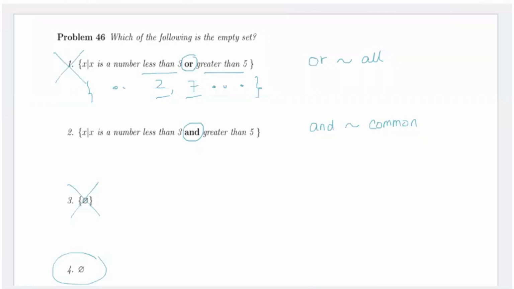Can you find a number which is less than 3 and greater than 5? Truly less than 3 and greater than 5. Would this be an empty set because there's none? There is no such number less than 3 and at the same time greater than 5. So no elements, right? So yes, this is an empty set. Do you see the difference?